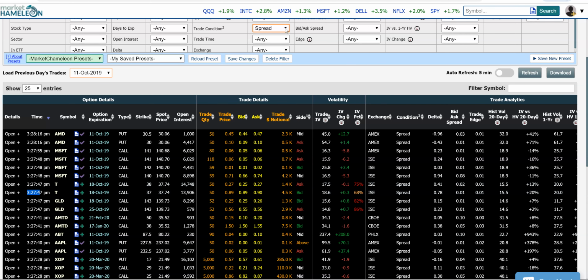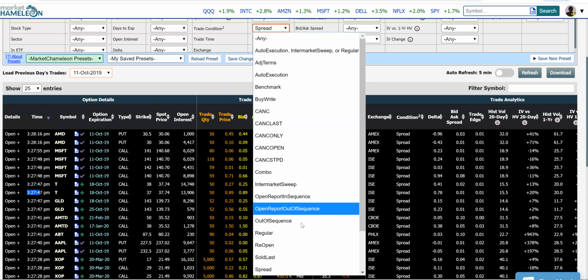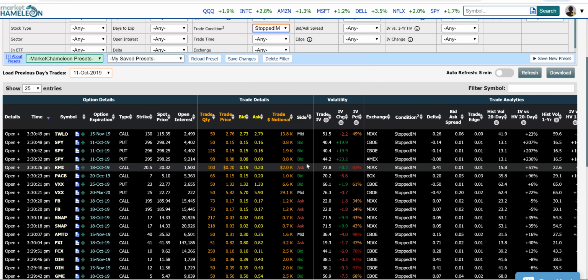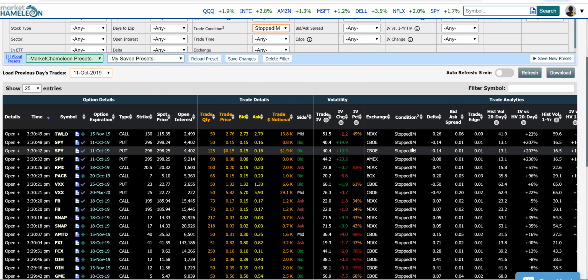Now let's take a look at another type of order, which is a stopped IM order. Now what this is, when you send an order to an exchange, sometimes, let's say you send it to the CBOE, but a different exchange is showing a better price.